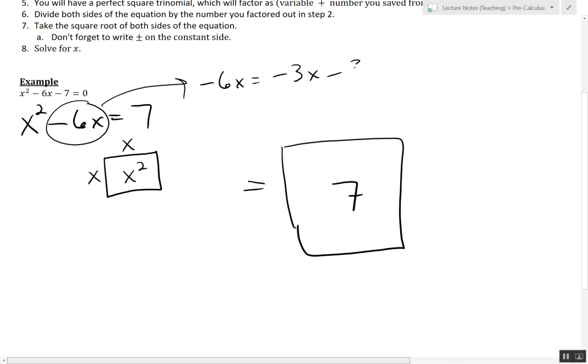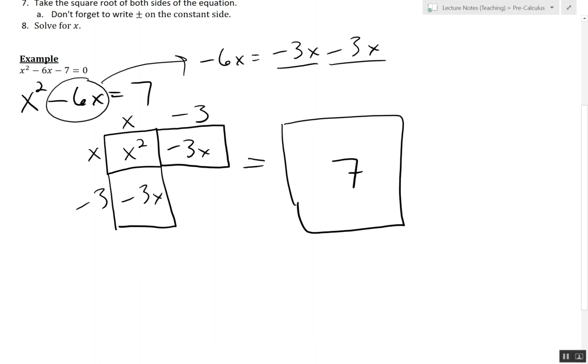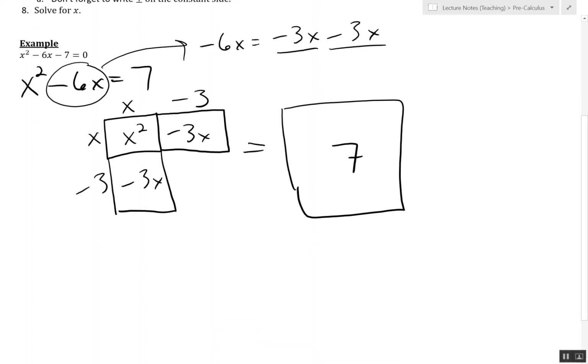So what you're going to have are two boxes, one of size negative 3x, the other box of size negative 3x, and notice that this box here will be your negative 3x, so there'll be negative 3 there, and this box here is going to be negative 3x, and that will give you a minus 3. So notice that this already tells you what your factorization is going to be.